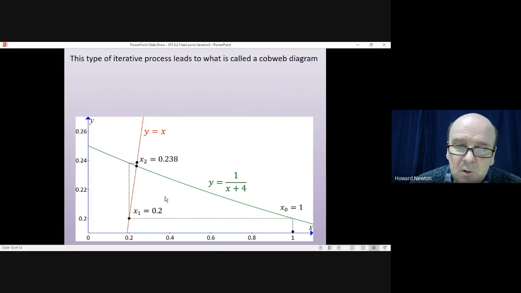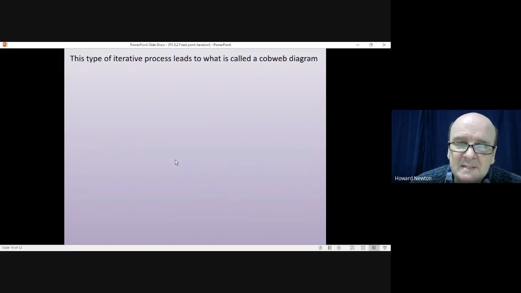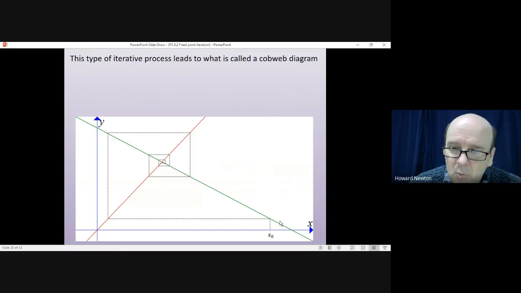And if we were to show a few more steps on a diagram, then you can see why it's called a cobweb diagram. What you get is something like this, where the starting value was here, you put that into the function, that gives you the next value of x.